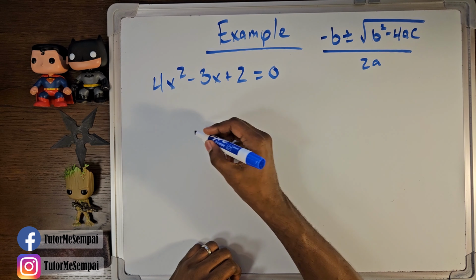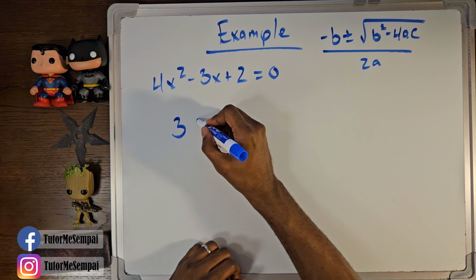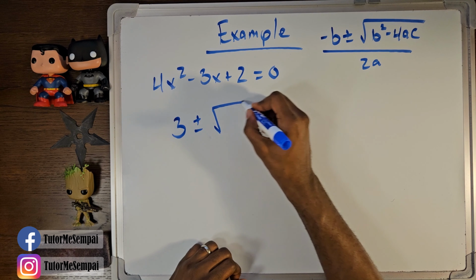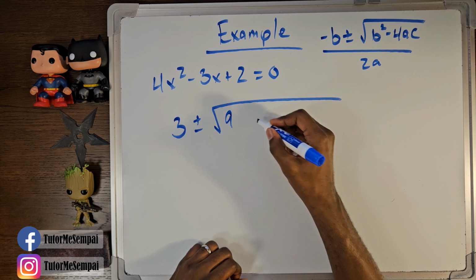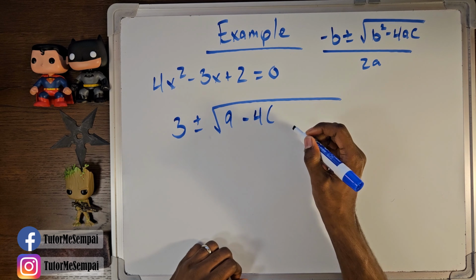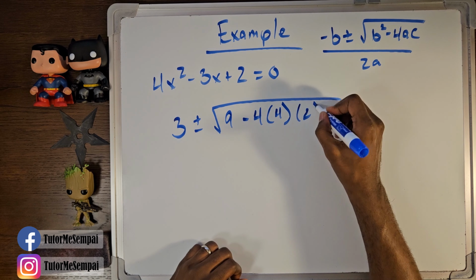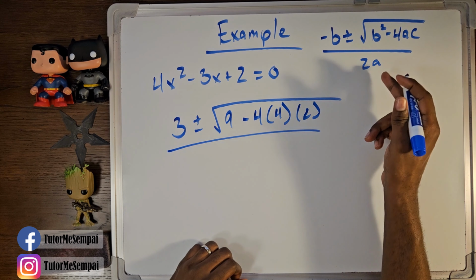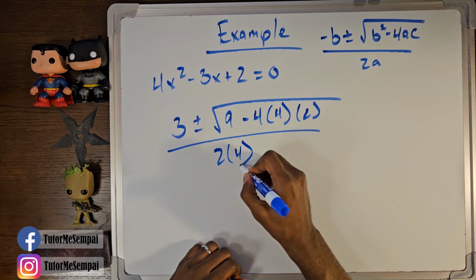So our negative b is going to be a positive 3 now. We got a positive 3 plus or minus. We have negative 3 squared, so that's going to give us a 9, minus 4 times a, which is 4, times c, which is 2, all over 2 times a, which is 4.